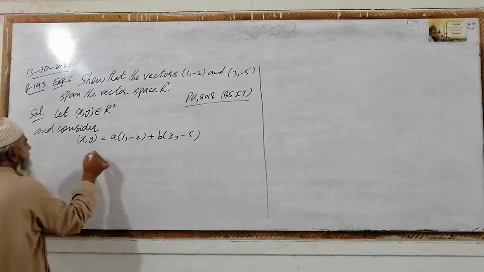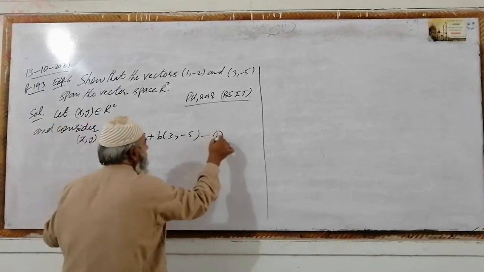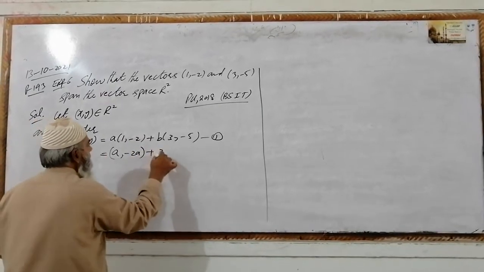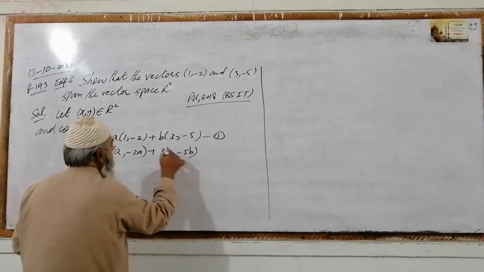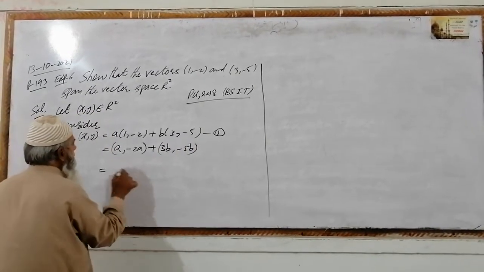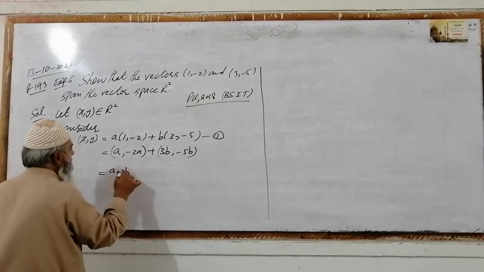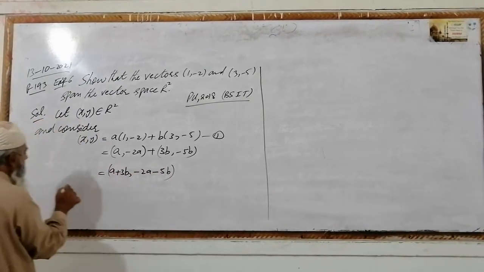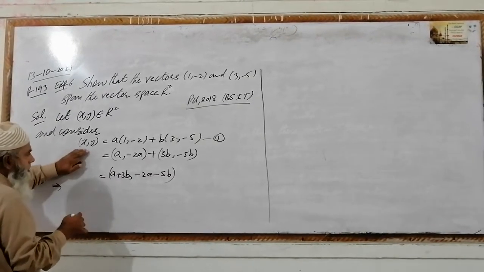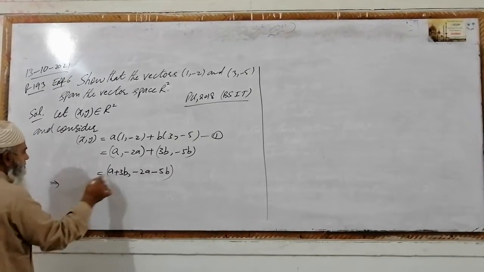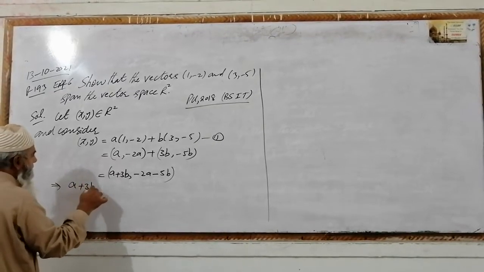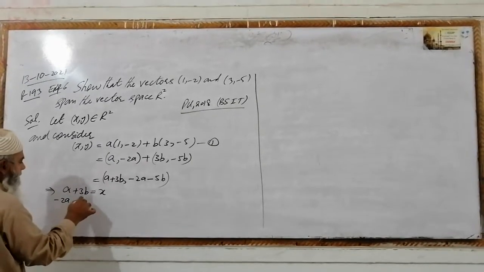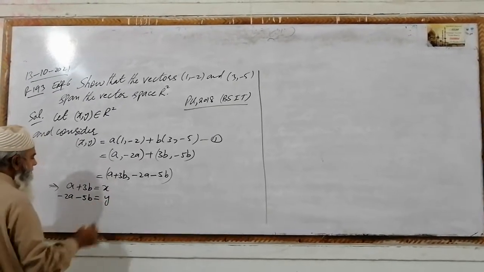Let (x, y) belong to R square and consider (x, y) as the linear combination a(1, -2) + b(3, -5). This will be equal to, let's call it equation 1, (a, -2a) + (3b, -5b). When you add these two, (a + 3b, -2a - 5b). Equating the corresponding terms on both sides, we will have two equations: a + 3b = x, and -2a - 5b = y.